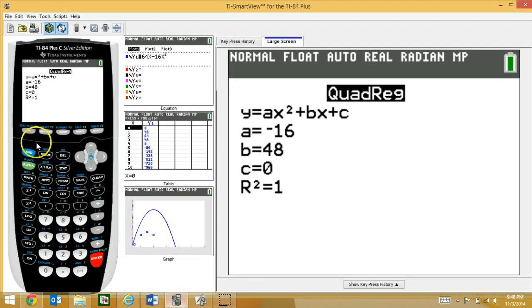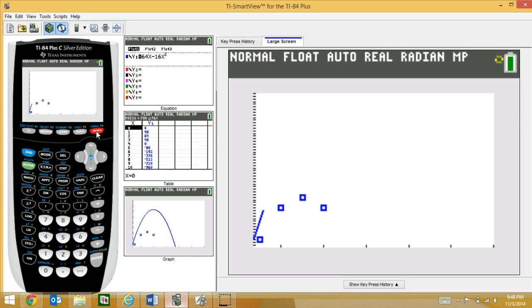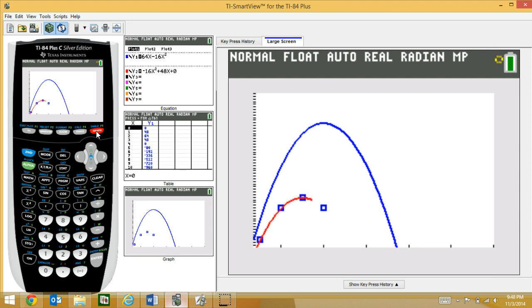So when we go back to the graph now, we see that our equation that models the data points, got a little nervous there, it took a little too long, is now graphed.